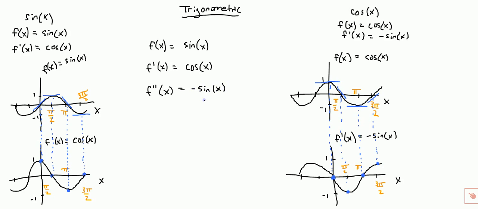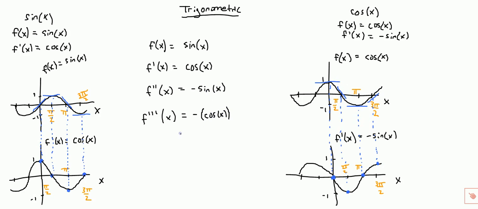Okay, if we take another derivative, then we know that this negative sign, we can ignore it for the derivative, and we just take the derivative of sine. So we leave the negative sign, and then inside parentheses, the derivative of sine is cosine.